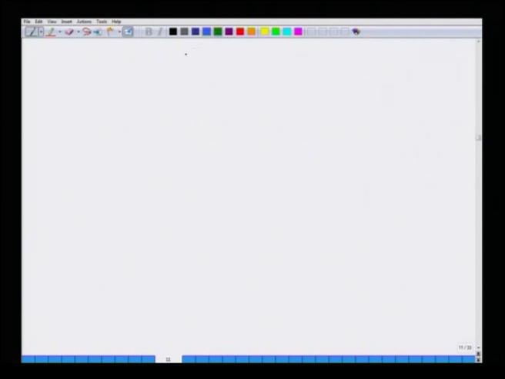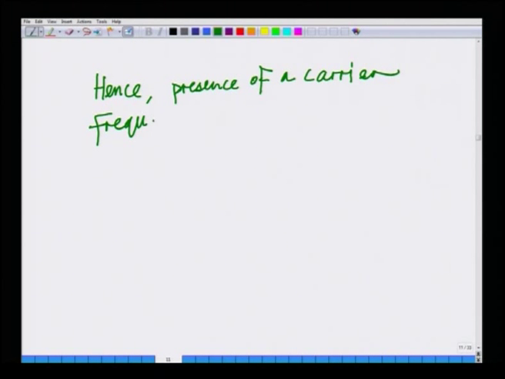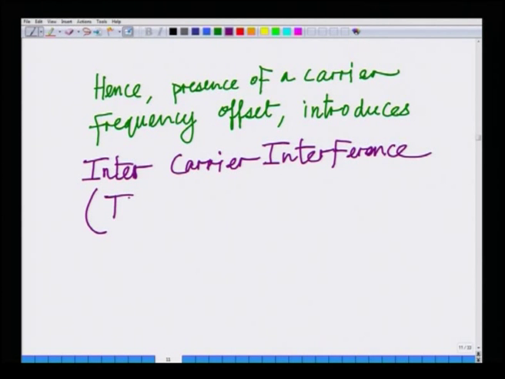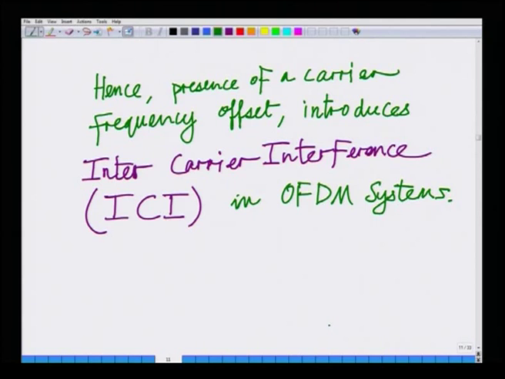So, let me mention that. Hence, the presence of a carrier frequency offset introduces inter-carrier interference, ICI, in OFDM systems.